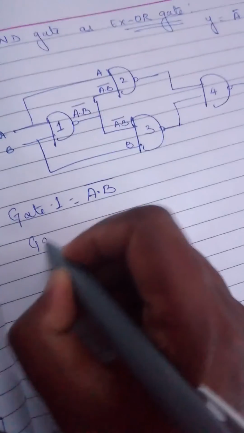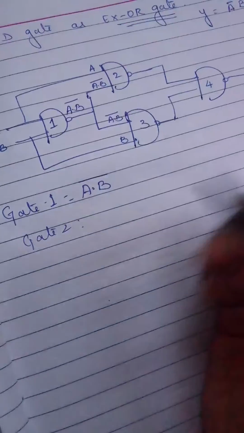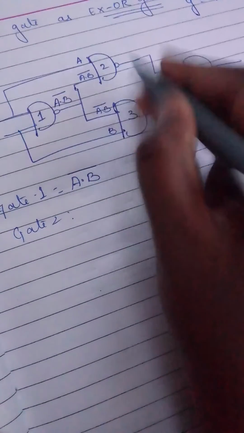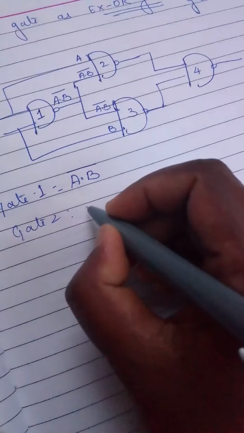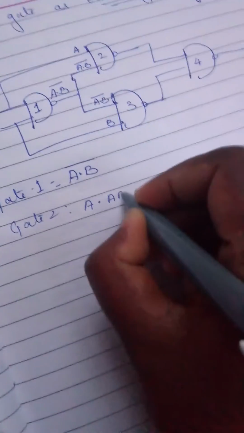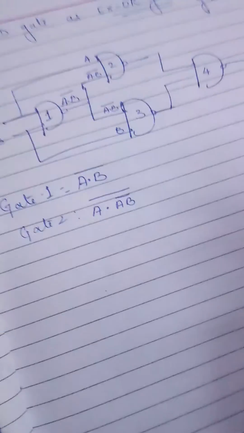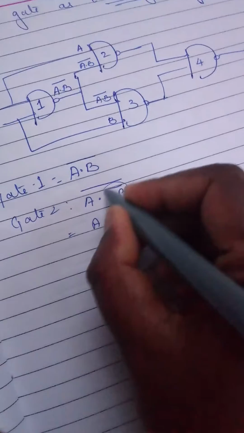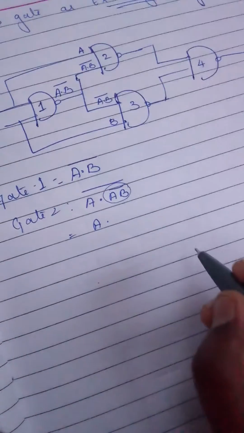If I check gate 2, gate 2 performs another NAND function, the complement of the AND function. So it is A dot (A dot B complement) whole complement. I'll apply De Morgan's theorem to this particular term.